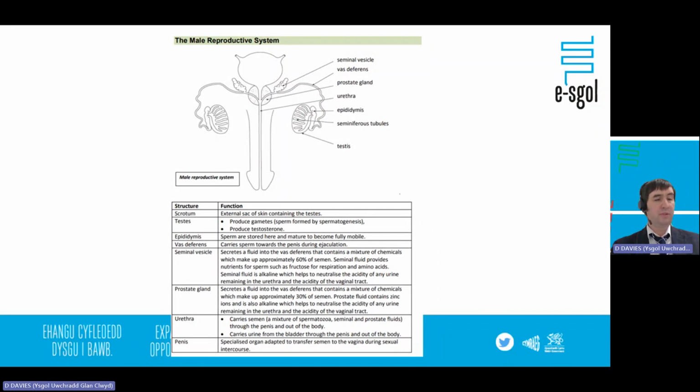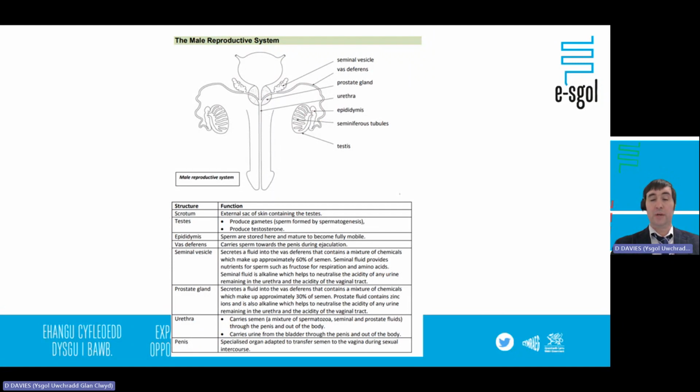So semen, which is what is ejaculated, is a mixture of sperm cells and seminal fluid. The urethra carries the semen out of the body, and also carries urine out of the bladder. And the penis is a specialized organ adapted to transfer semen to the vagina during sexual intercourse.